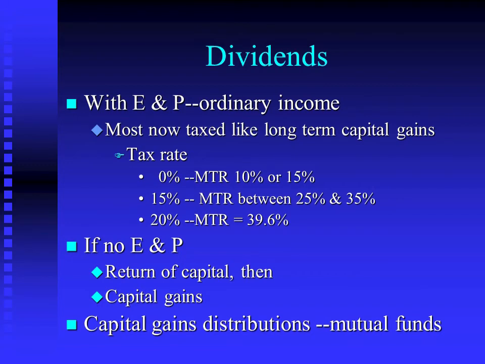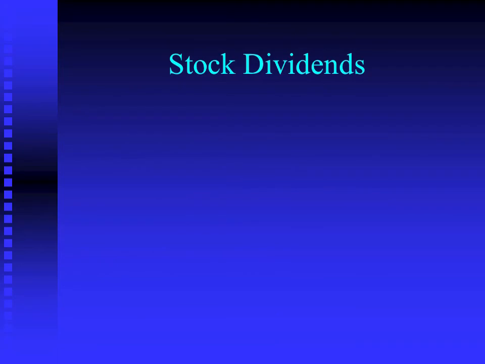Note that we will have a mutual fund paying out a dividend, a capital gains distribution towards the end, one of our last tax returns, and I will simply prompt you at that point to treat it as a capital gain rather than treating it as an ordinary dividend, and you'll simply deal with the tax treatment at that point.